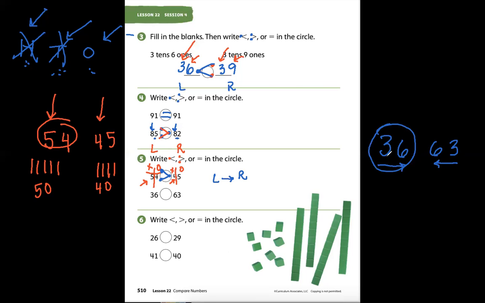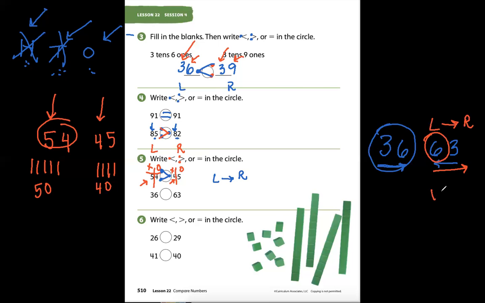This one I read it like that, 36. But remember, when we read numbers, we have to read those numbers from left to right. We cannot read the number backwards. We have to start at the 6. So the number is 63.